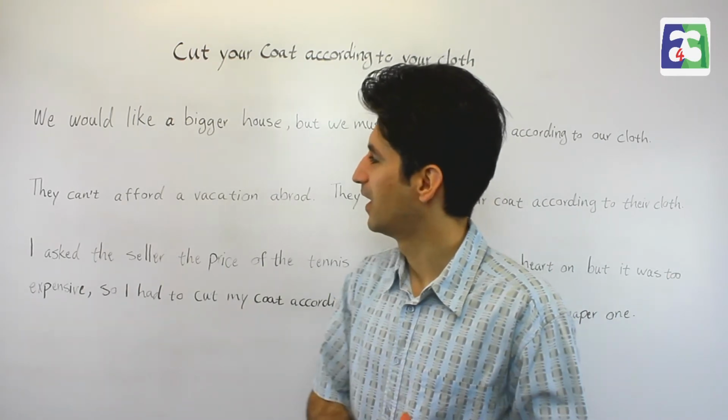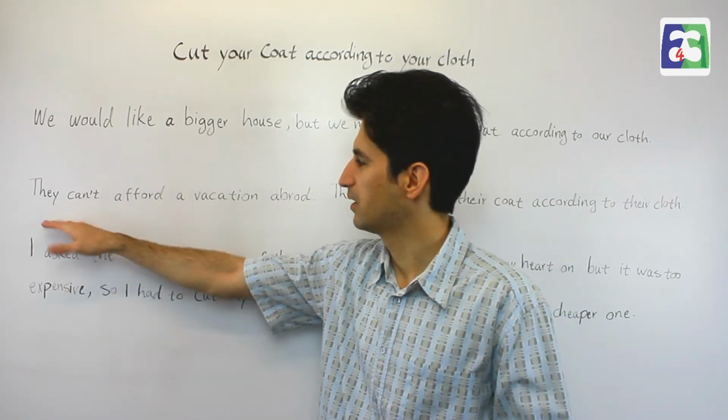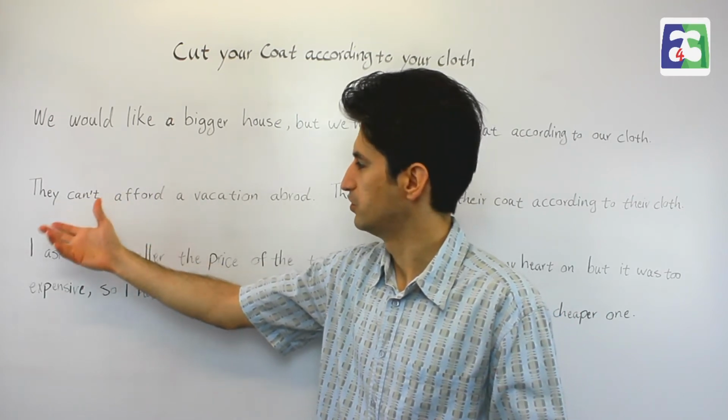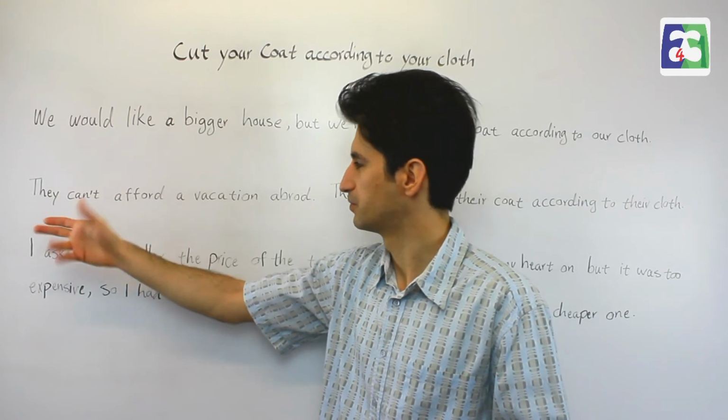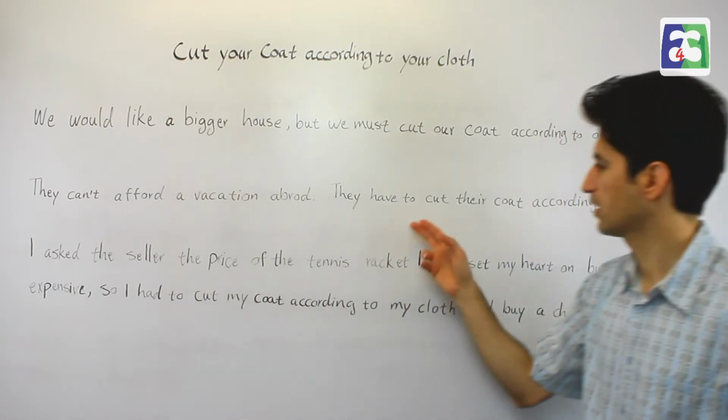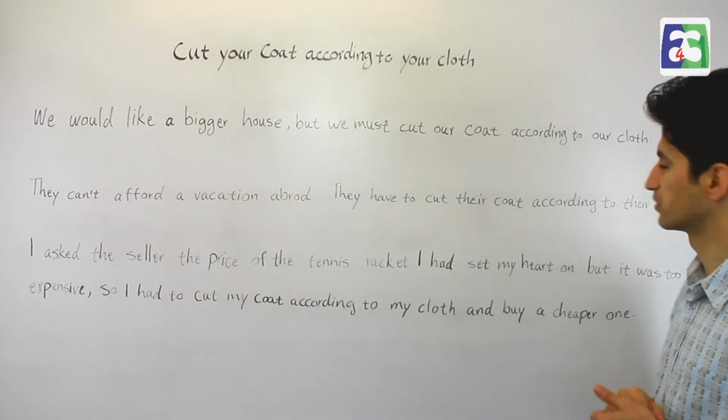Okay, and let's look at the other one. Again, money, affording something, afford to buy something, afford to go on a vacation. "They can't afford a vacation abroad. They have to cut their coat according to their cloth."